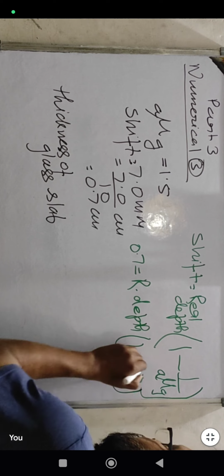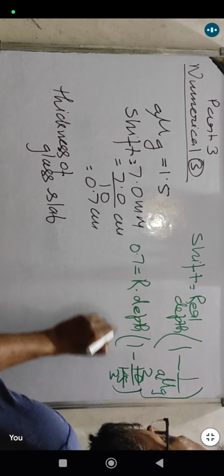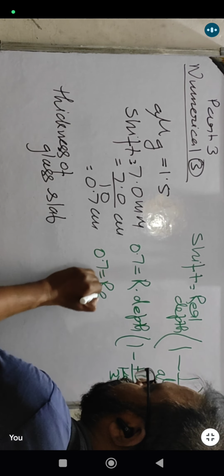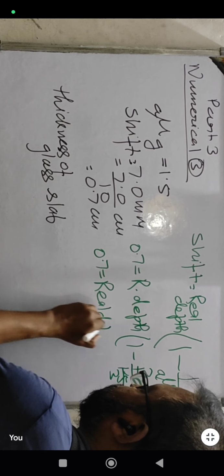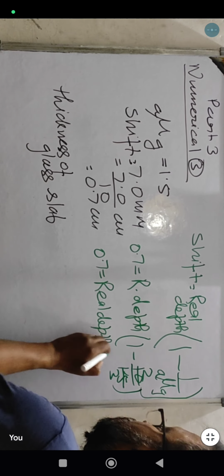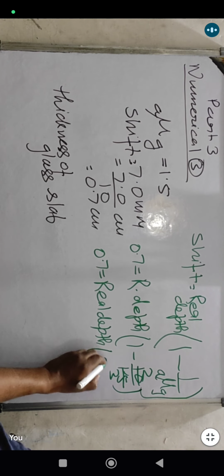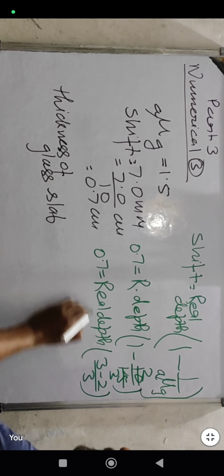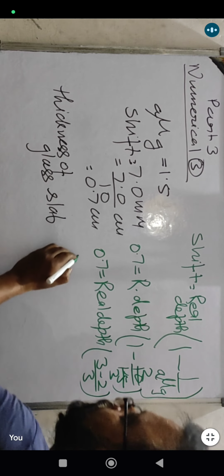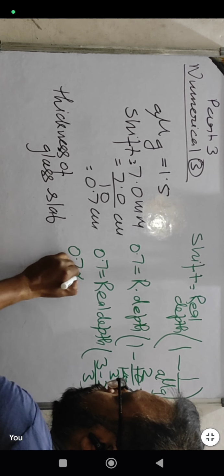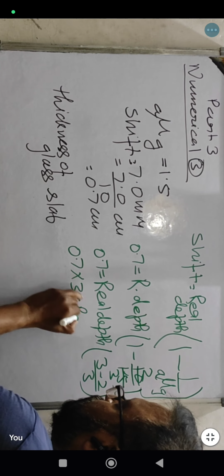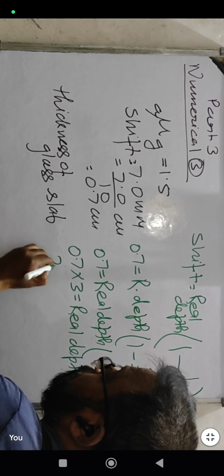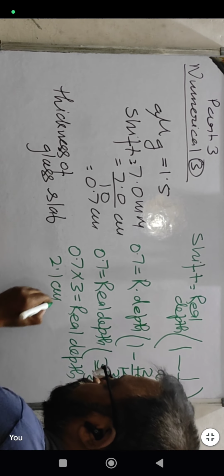So 0.7 is equal to real depth upon 3 minus 2 upon 3, right? So it becomes 1. So 0.7 into 3 is equal to real depth, and that is equal to 2.1 centimeter, right?